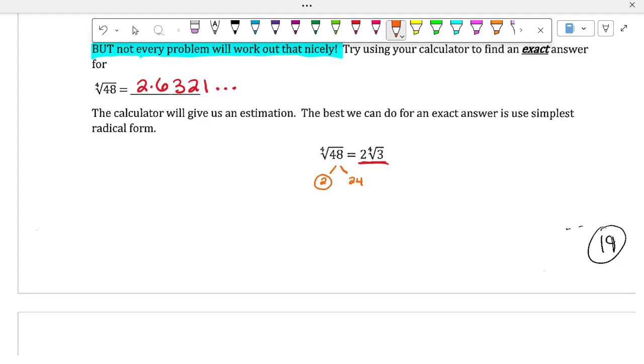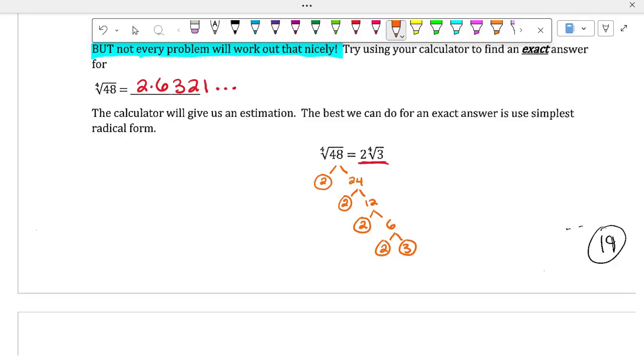My recommendation, circle your prime numbers so you don't mix up. Now, 24. Any 2 factors of 24? 2 and 12. 2 is still prime. Factors of 12. 2 and 6. And factors of 6. 2 and 3. Both of them are prime.